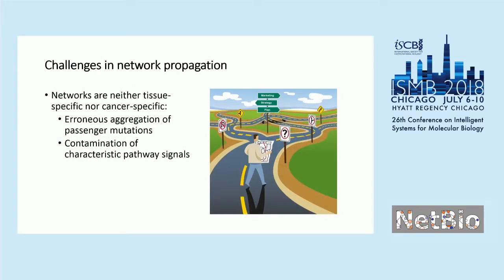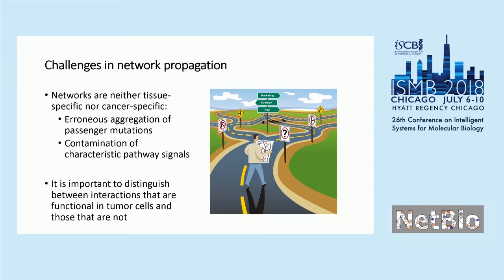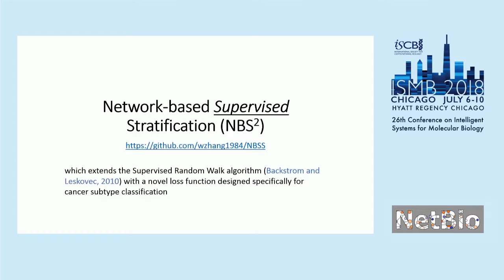This may lead to the erroneous aggregation of passenger mutations, as well as the contamination of characteristic pathway signals. So it is very important to distinguish between the interactions that are functional in tumor cells and those that are not. To address those questions, we developed an algorithm called network-based supervised stratification, which is on my GitHub.